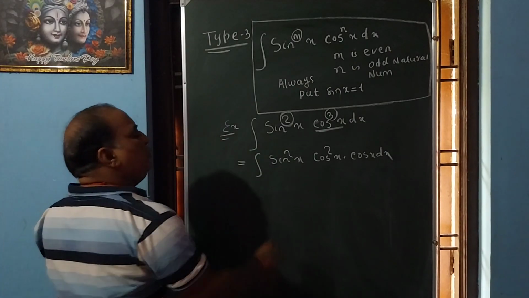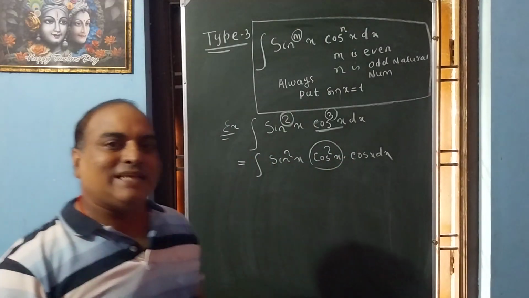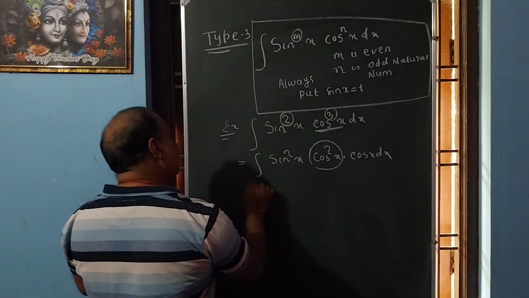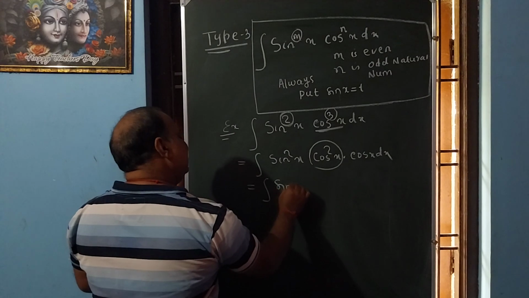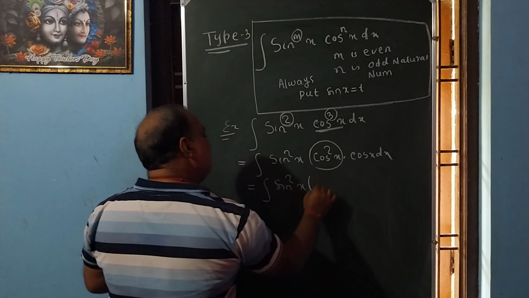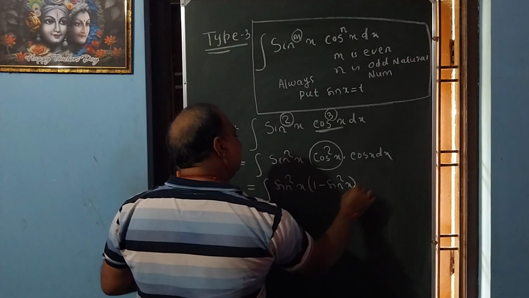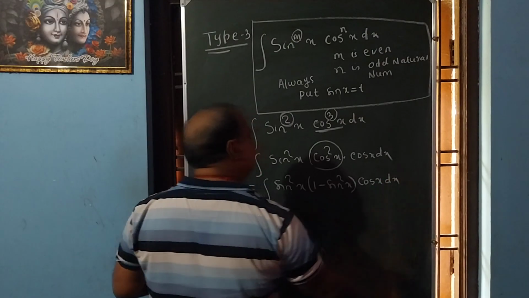Now we know that cos square x is equal to 1 minus sin square x. So in place of cos square x we write 1 minus sin square x, here it is cos x dx.